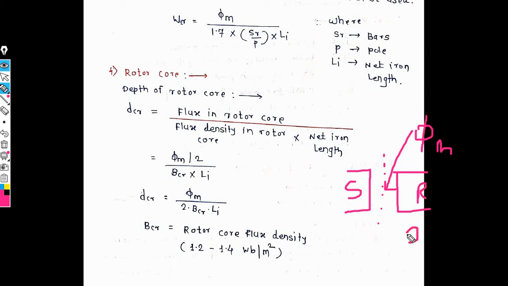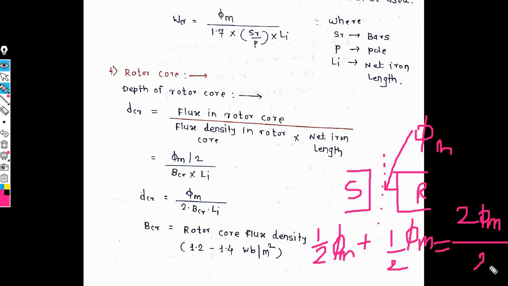For the rotor we have considered half section, that is half phi, and for the stator we have also considered half phi. Taking the addition of both, that is 2 phi upon 2, the 2 cancels and we obtain phi.